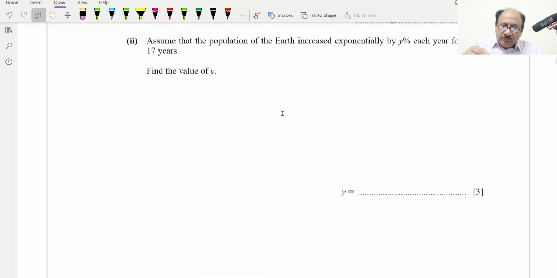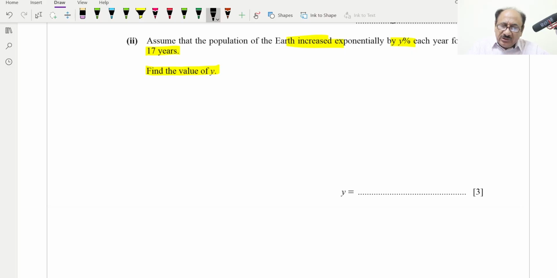Assume that the population of Earth increased exponentially by y%. So it's increased here over 17 years, and we have to find the rate, which is y, that we have to calculate. And the exponential increase formula is what?